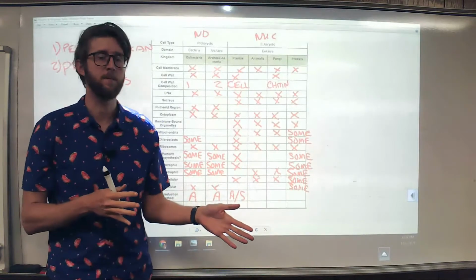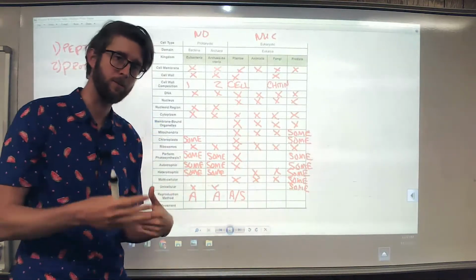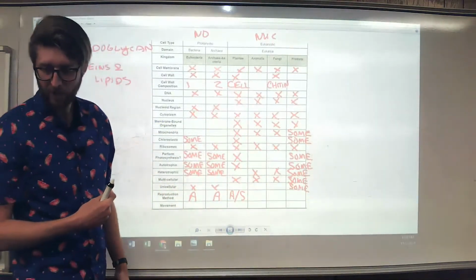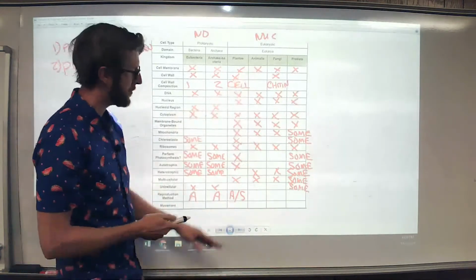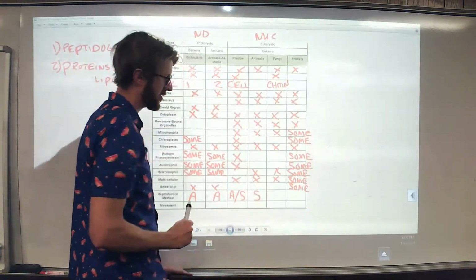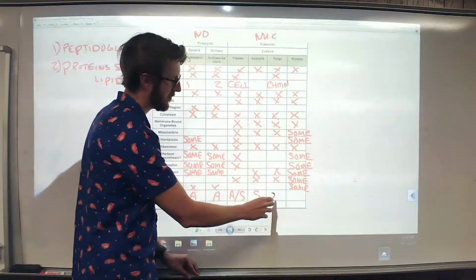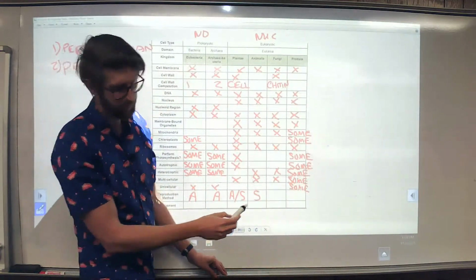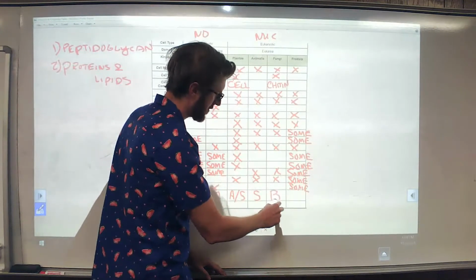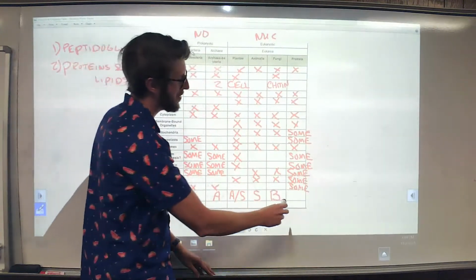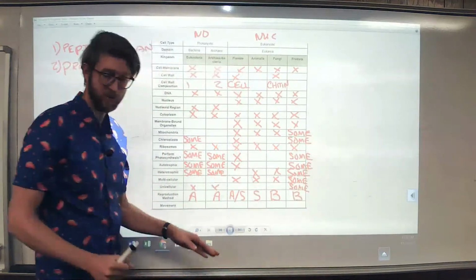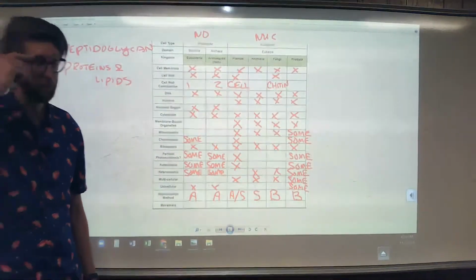Some plants need to exchange genetic information with other plants. Animals, obviously, are sexual reproduction. Fungi are both. And protists are both as well. So some reproduce asexually and some reproduce sexually.